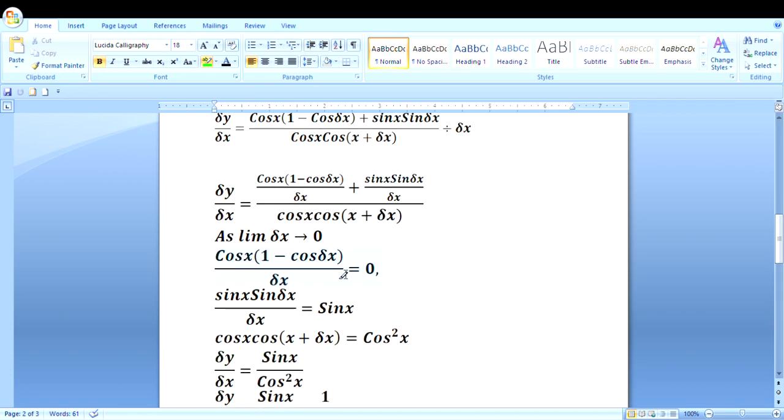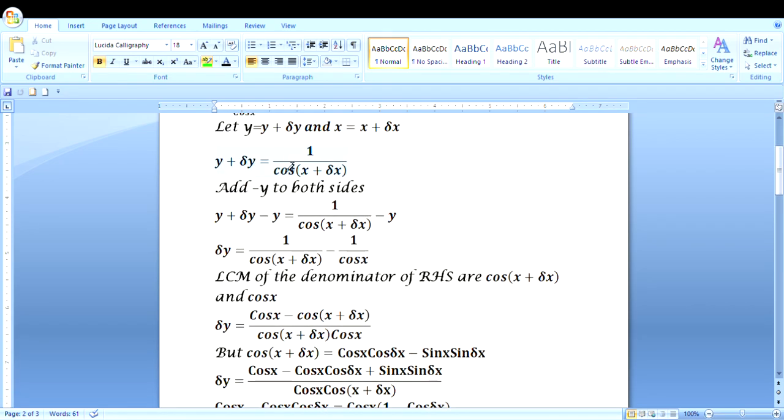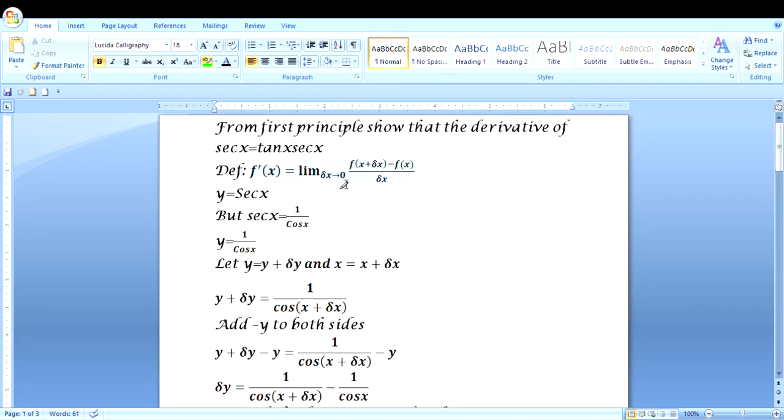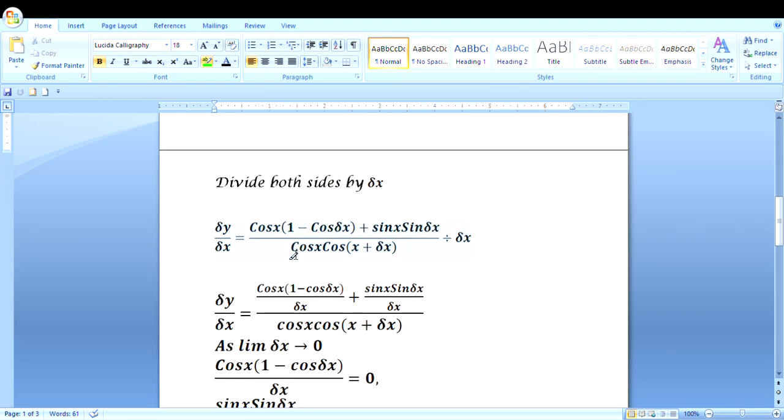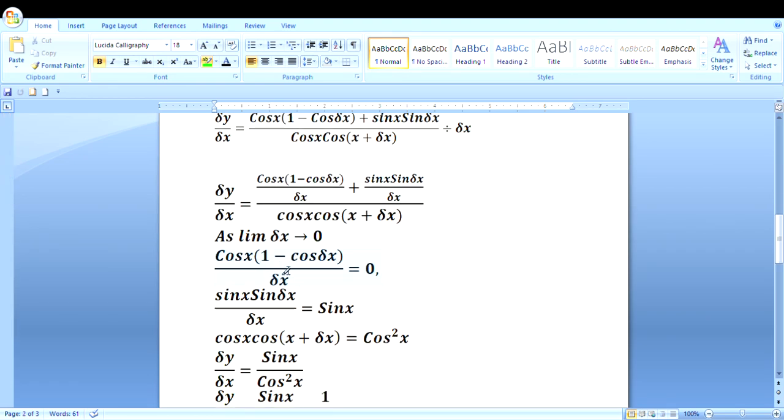Here we assume the limit as delta x tends to 0. We can see simply that this first expression will become 0, because if you put 0 here, everything becomes 0.